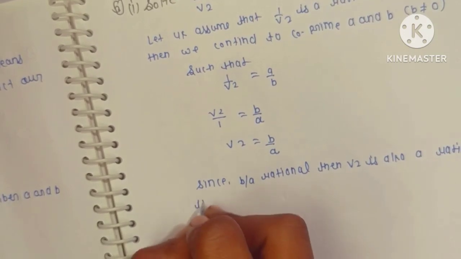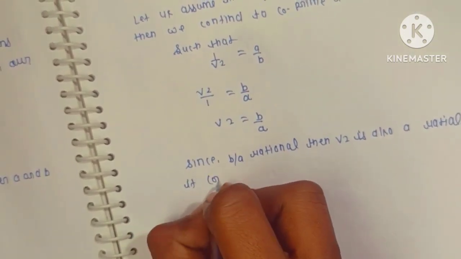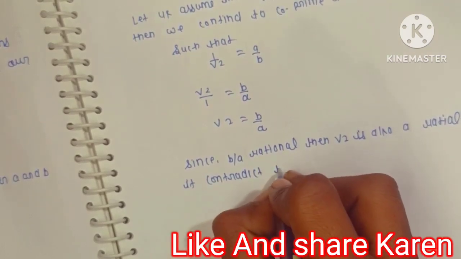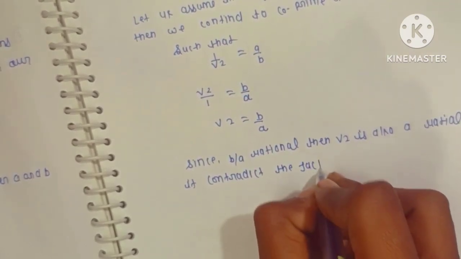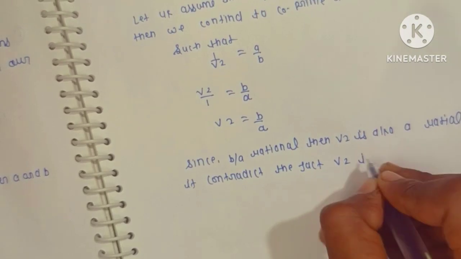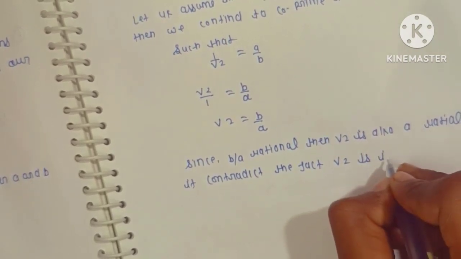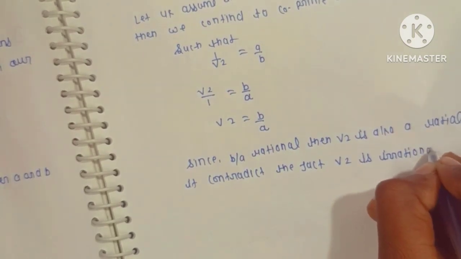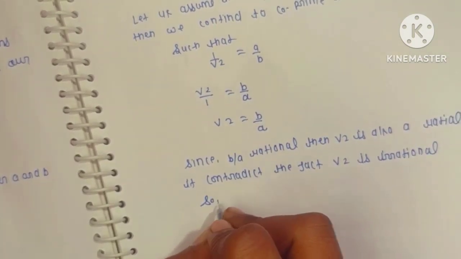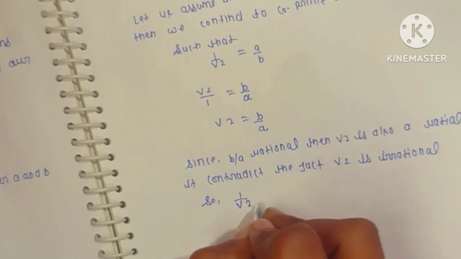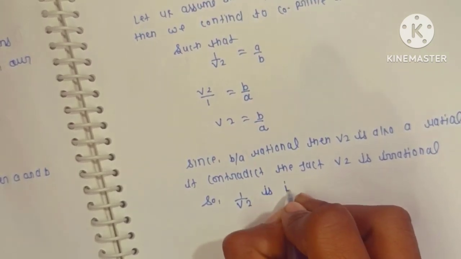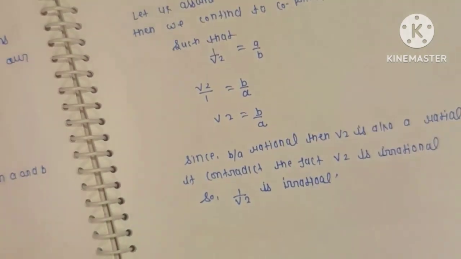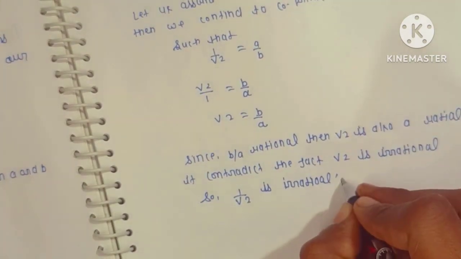It contradicts the fact that root 2 is irrational. So 1 upon root 2 is irrational. Proved.